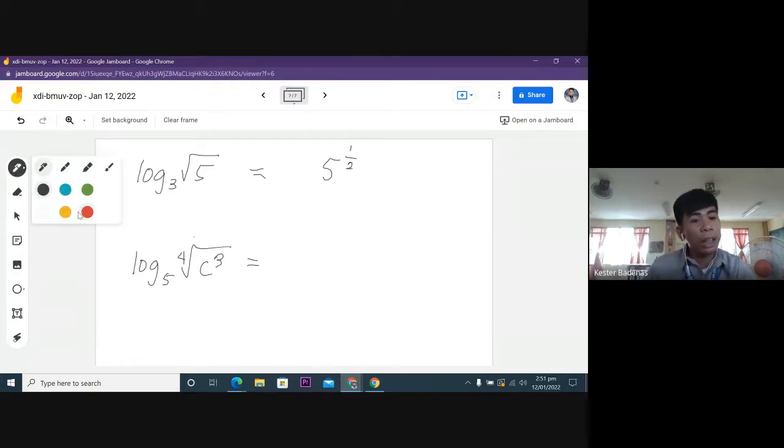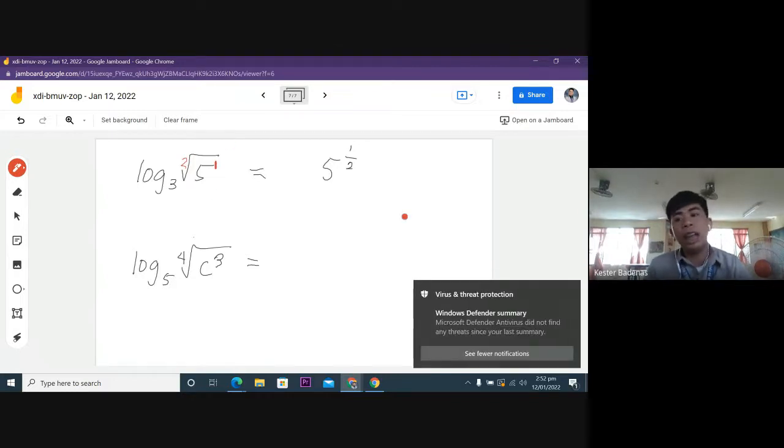Sir, paano po nangyari yon? Okay. Imagine, yung 5 natin dito sa loob ay may exponent. Imagine na may exponent yung ating radicand or yung number sa loob. Tapos, imagine din na may index yung ating radical. Yung exponent sa radicand, yun po yung numerator ng ating exponent.